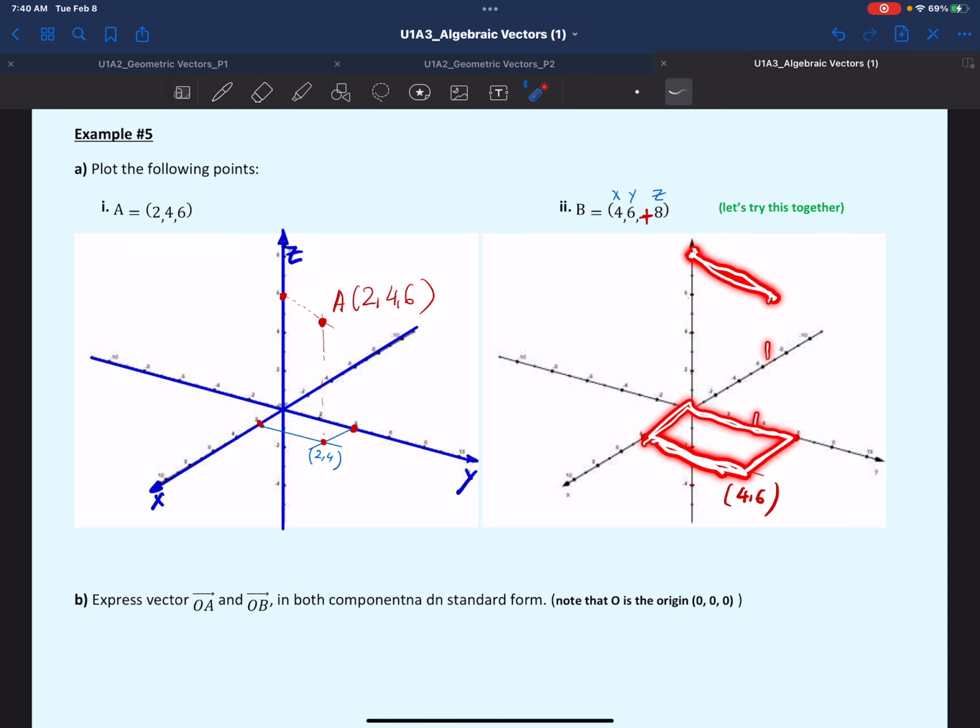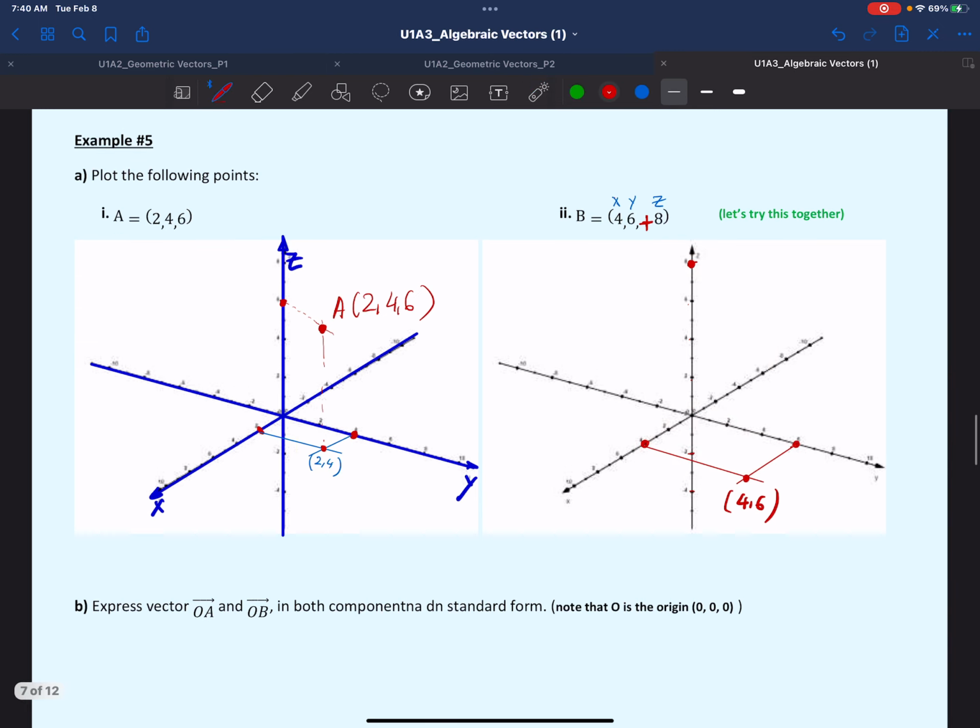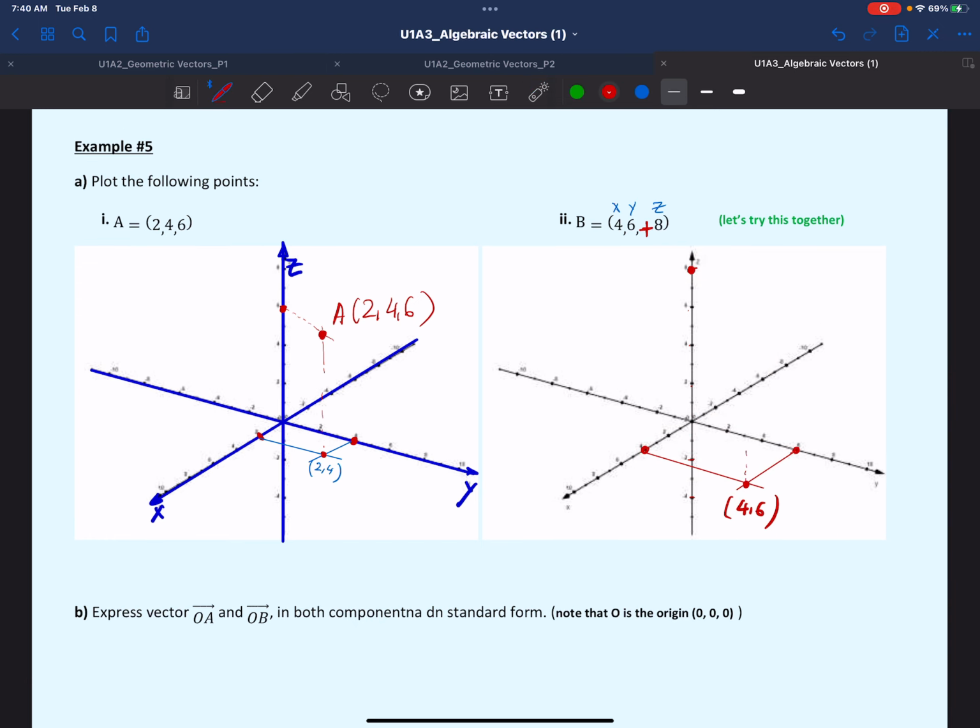So that we can create that prism-like idea. So we're going to go 8 units higher here, as you can see. And basically, this is where the point will be: 4, 6, and 8.